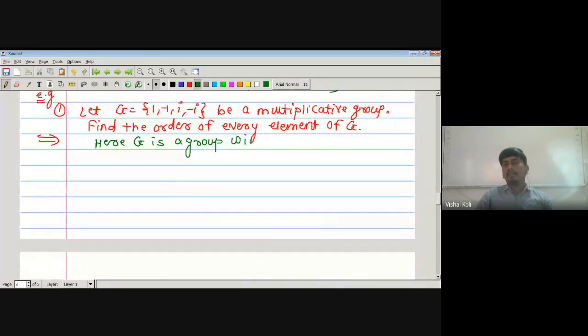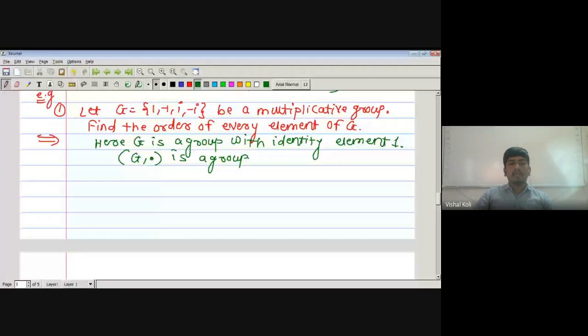As we have already proved that G is a group with identity element 1, and as it is multiplicative, to find the order of every element, the order of 1 is the multiplication of 1 up to n times, where 1 to the power n becomes 1.